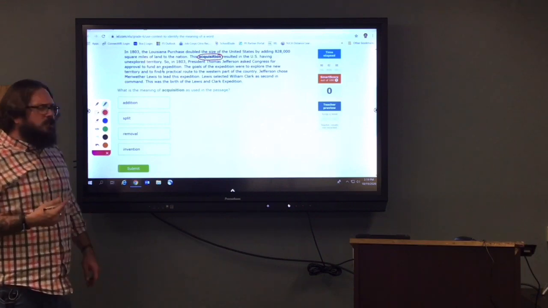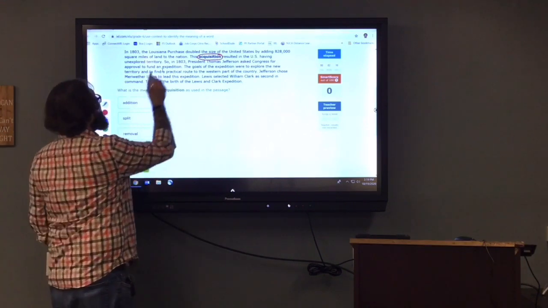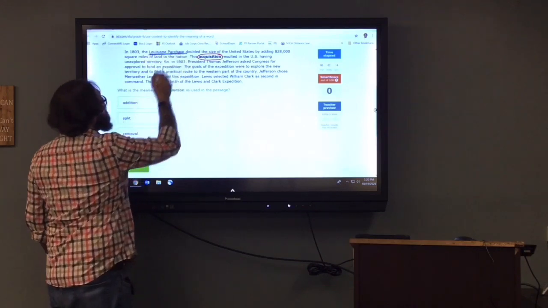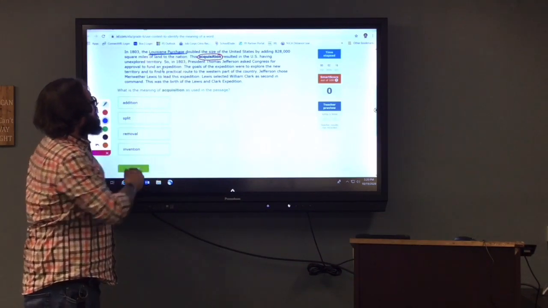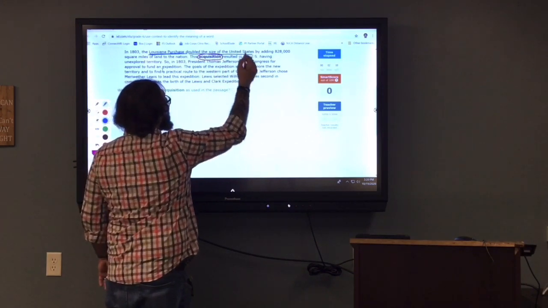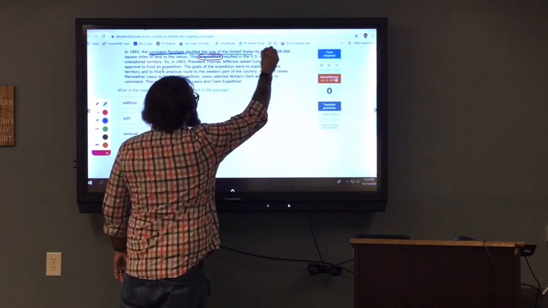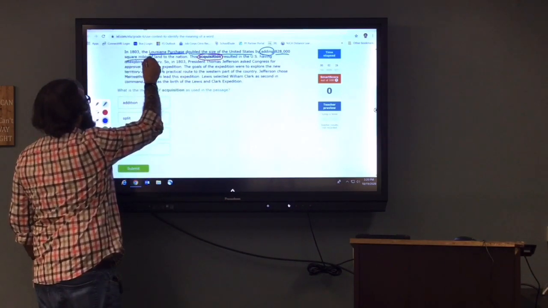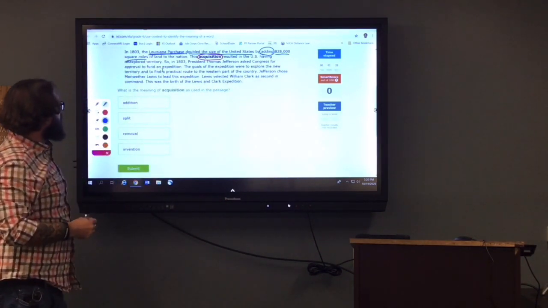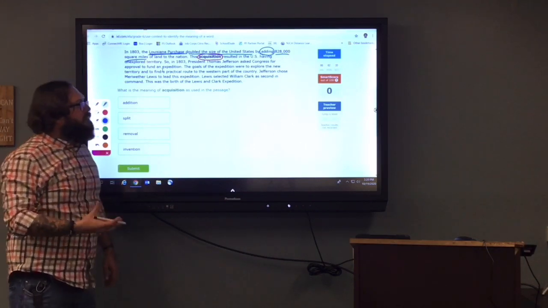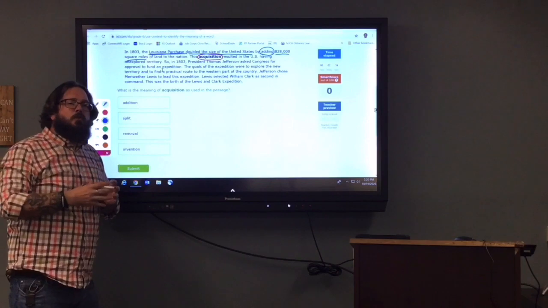So the acquisition is referring to the Louisiana Purchase, and the Louisiana Purchase doubled the size of the United States, adding 828,000 square miles. So this acquisition added to the nation.